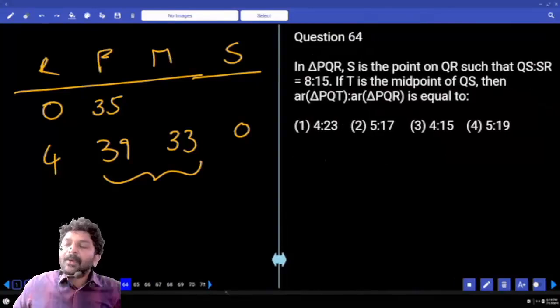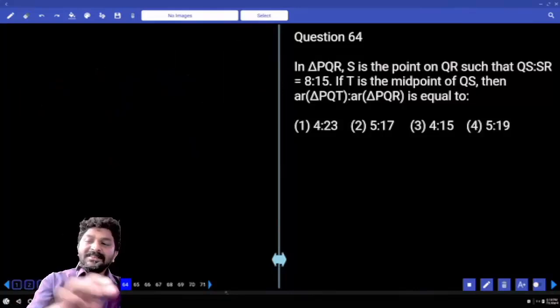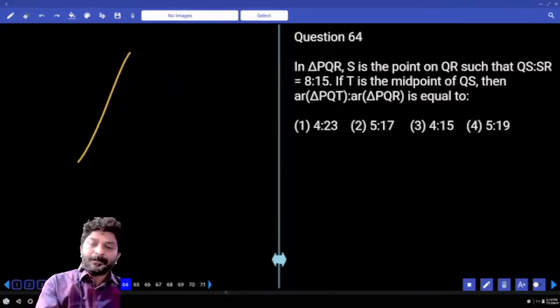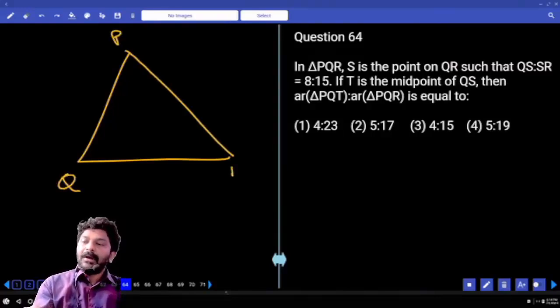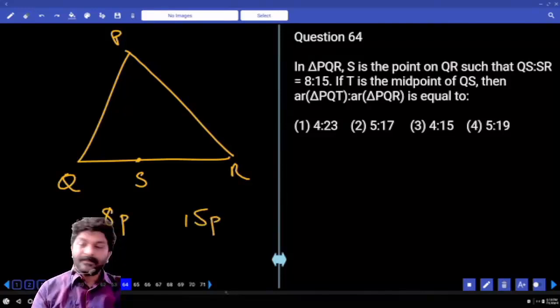In triangle PQR, S is a point on QR such that QS:SR is equal to 8:15. S is a point on QR, QS is 8 parts, SR is equal to 15 parts.